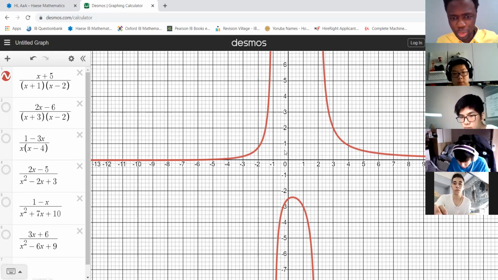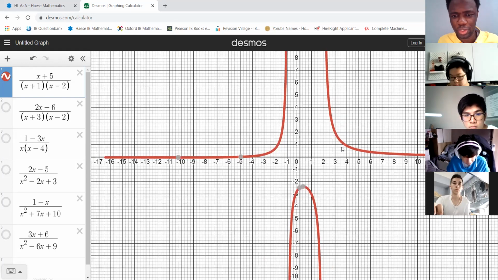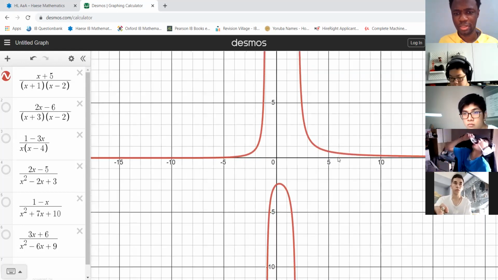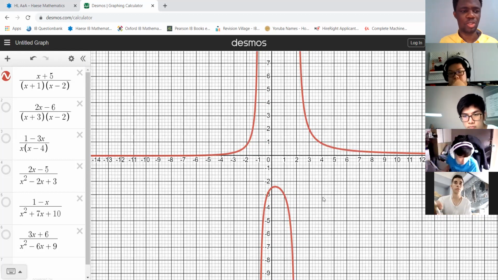Then within -1 and 2, as long as 2 is not included, x can take the value. Then from 2, also excluding 2, x can take values up to infinity. This is what it looks like. All right. Yes, it's right.